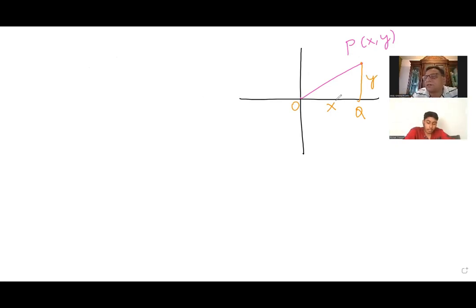If the angle here is theta, we know what sine theta is, right? OP is r, which is a constant. So sine is opposite over hypotenuse, cos is adjacent over hypotenuse and tan is opposite over adjacent.